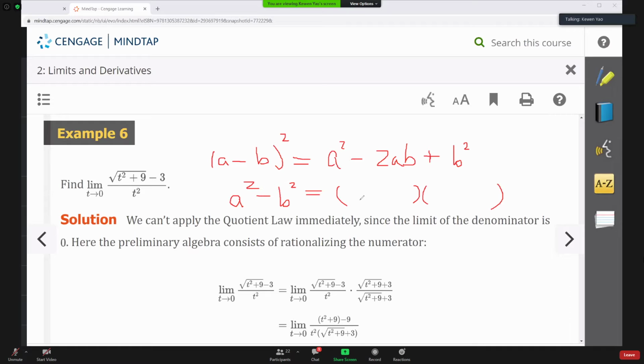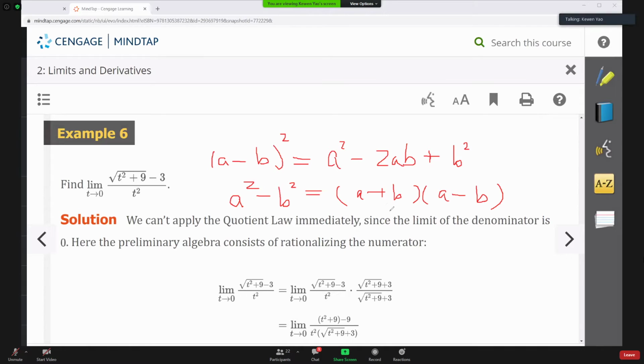A plus b and a minus b. Yes, very good. A plus b times a minus b. Very good, Carson. Thank you. The answer is a plus b times a minus b equals a squared minus b squared.